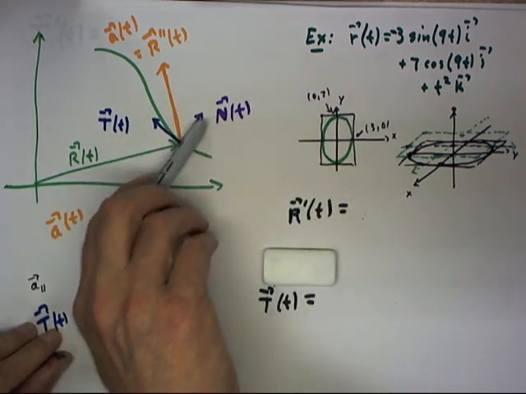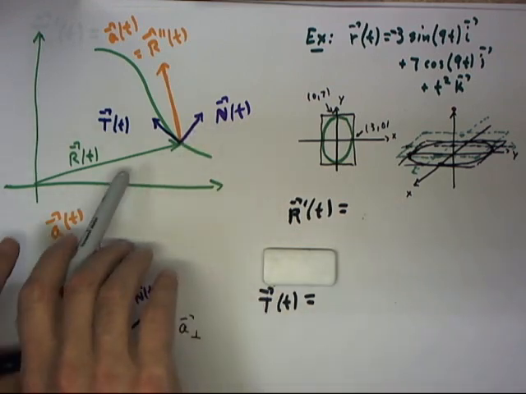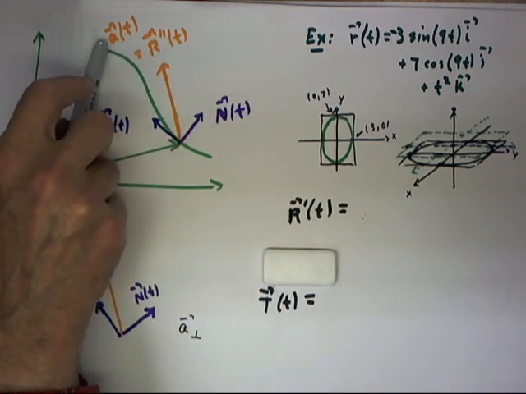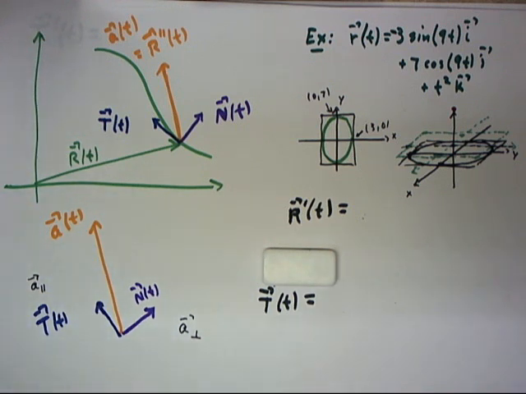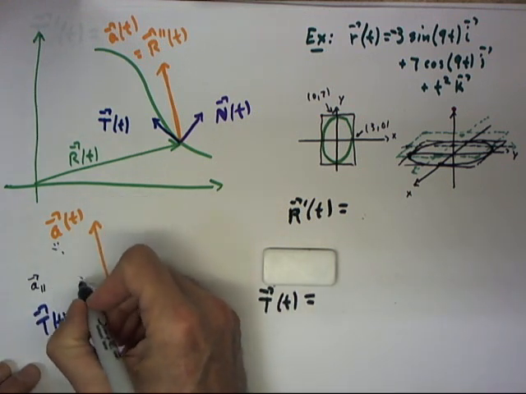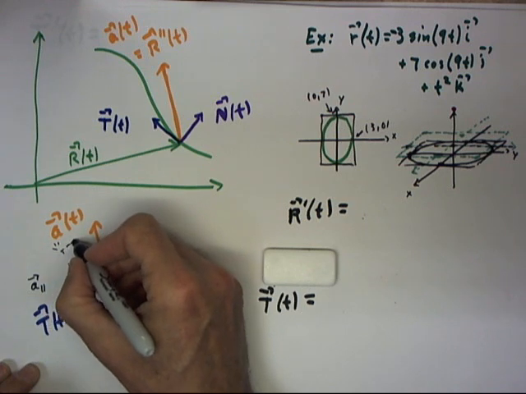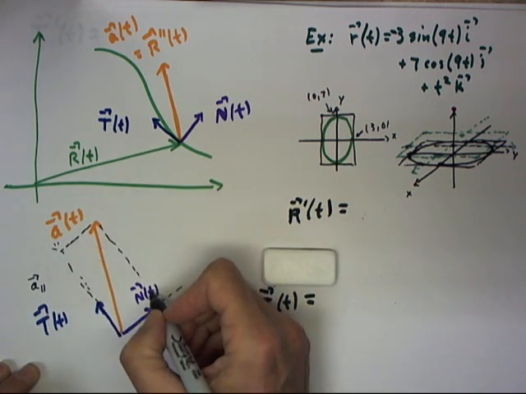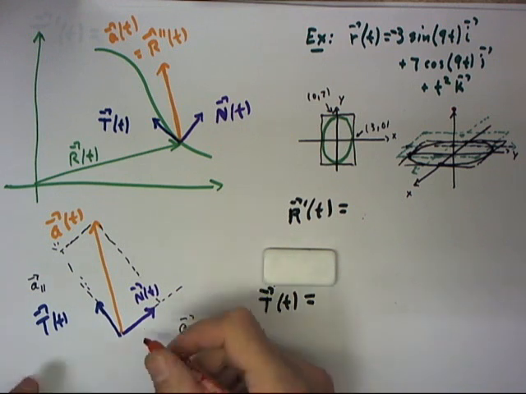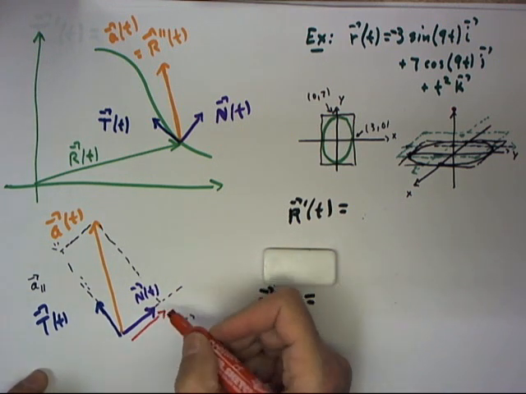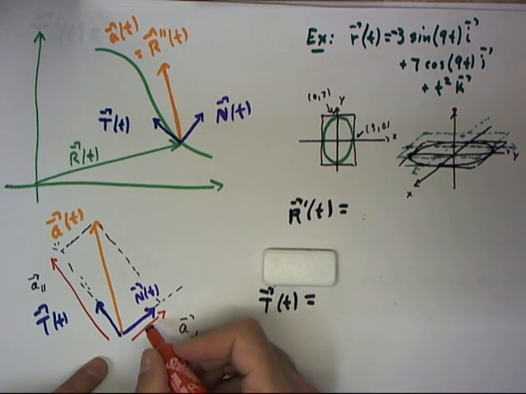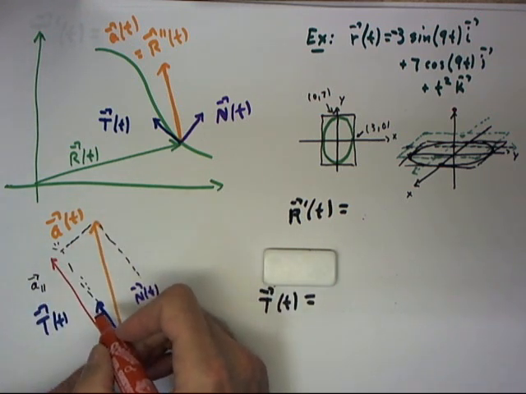Here's a curve where the inward unit normal is away from the r of t vector, unit tangent vector, r double prime interpreted as an acceleration vector, and down here we have the same vectors, and we can project the acceleration vector onto the unit tangent vector and onto the unit normal vector, obtaining our vectors A perpendicular to the curve, A parallel to the curve.